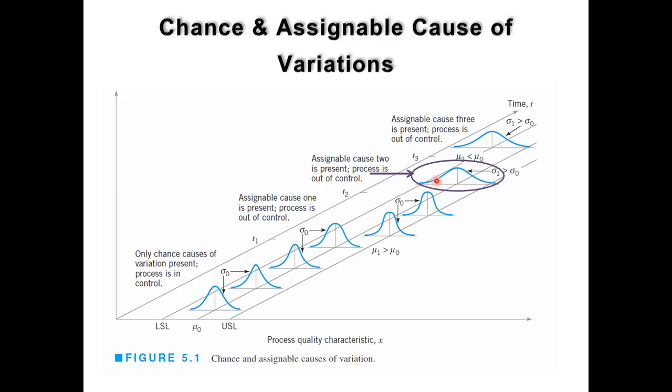So this data set is more dispersed, such that the sample standard deviation is larger than the process standard deviation. For the earlier data sets, especially the first four data distributions, the sample standard deviation is very much the same as the process standard deviation, the population standard deviation sigma naught.